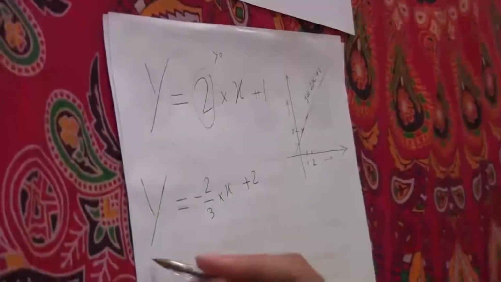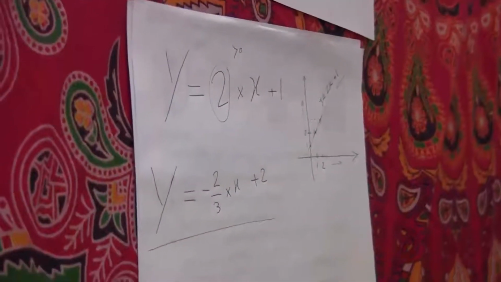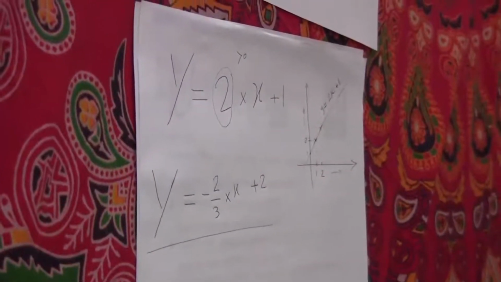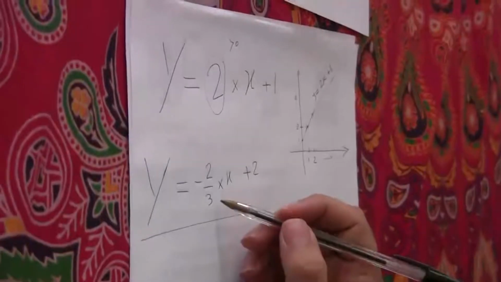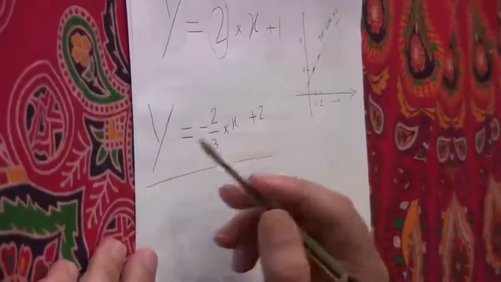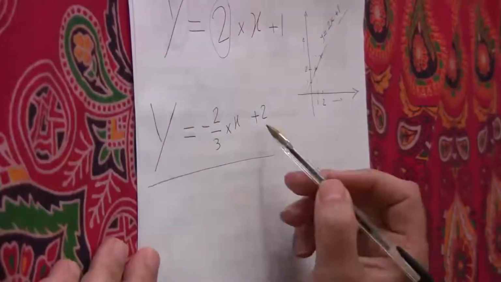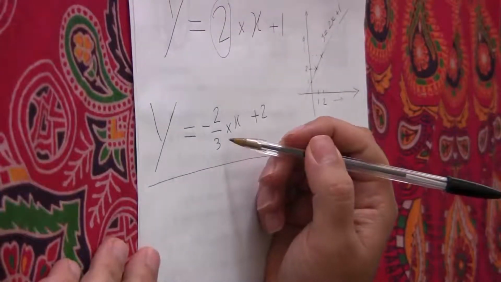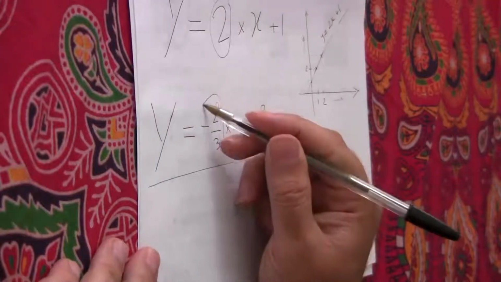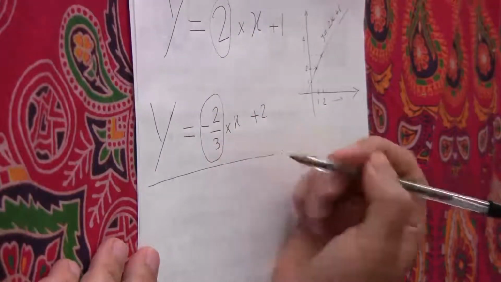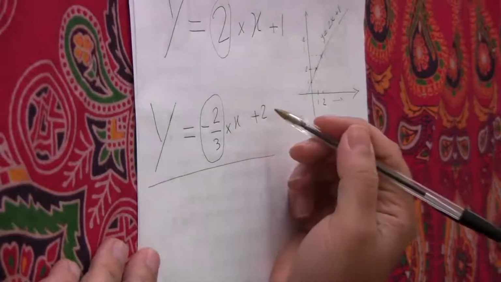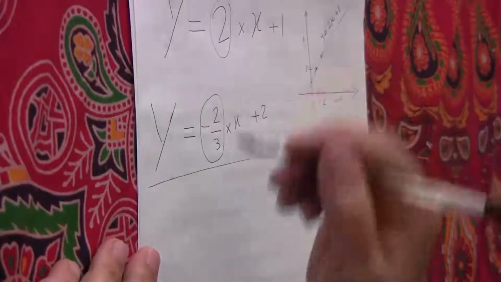This is another equation. What's the difference between this and the previous one? This equation has a negative gradient. What's the meaning? Negative gradient means that when x is increasing, y is decreasing.